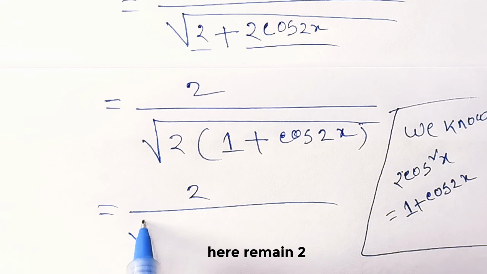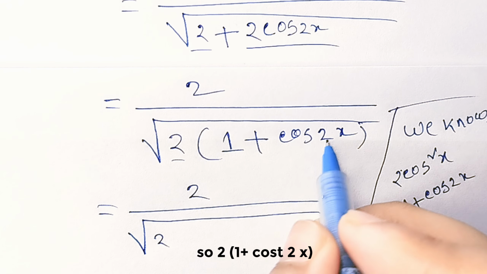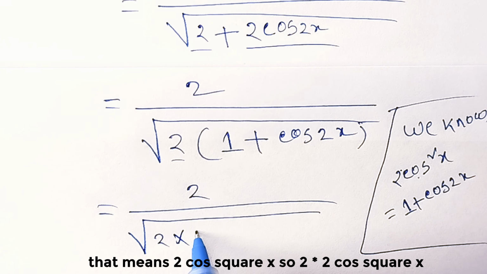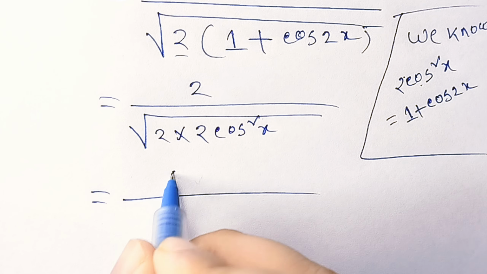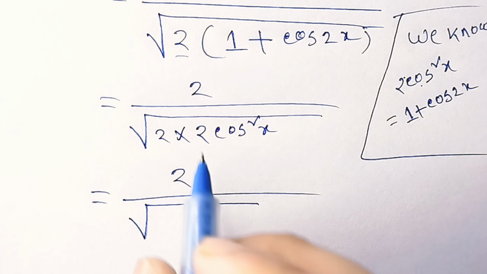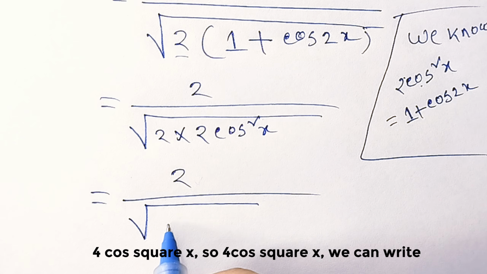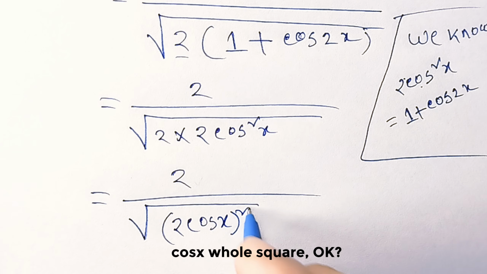Here 2 remains, so 2 times 1 plus cos 2x, and 1 plus cos 2x means 2 cos square x, so 2 times 2 cos square x. 2 times 2 means 4 cos square x. So 4 cos square x we can write as 2 cos x whole square.